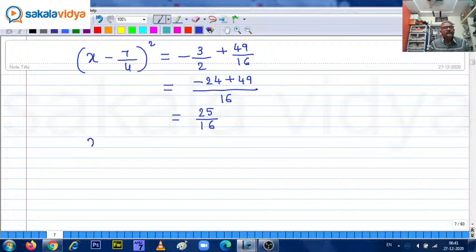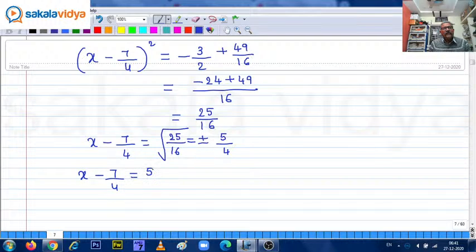Now find x minus 7 upon 4 equals to root over 25 by 16, which equals plus or minus 5 by 4, since the square root of 25 is 5 and of 16 is 4. We get two cases: x minus 7 by 4 equals to plus 5 by 4, or x minus 7 by 4 equals to negative 5 by 4.